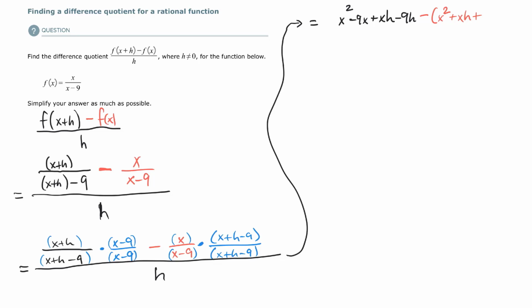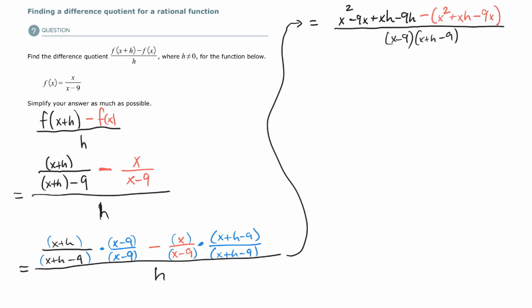Nope, sorry, I take that back. Minus 9x, minus 9x. Yeah, that's correct. What's the common denominator? The common denominator for the numerator expression is simply x minus 9 times what? X plus h minus 9.